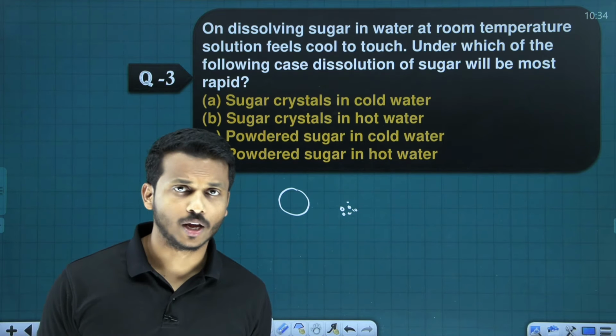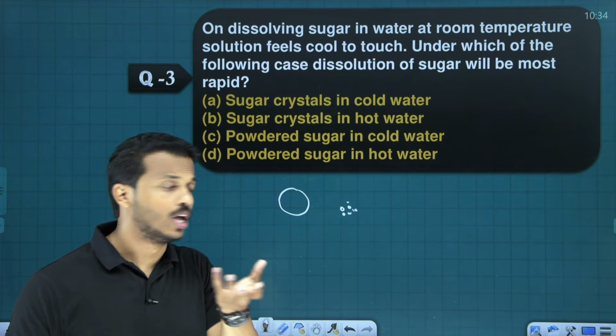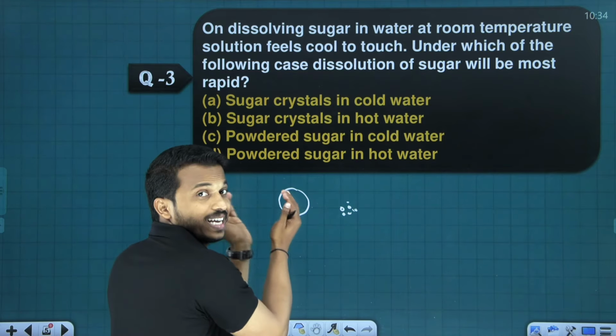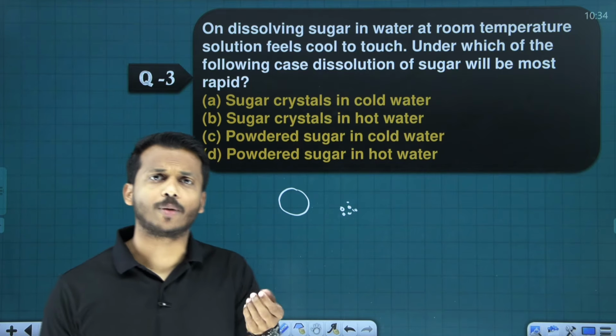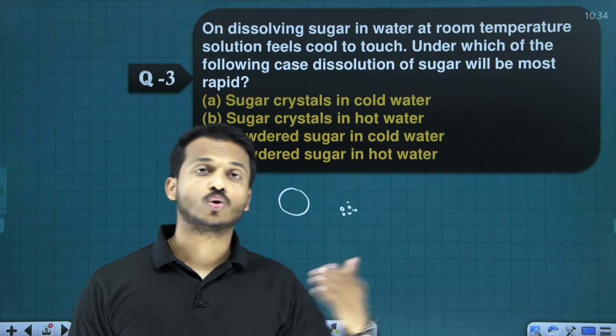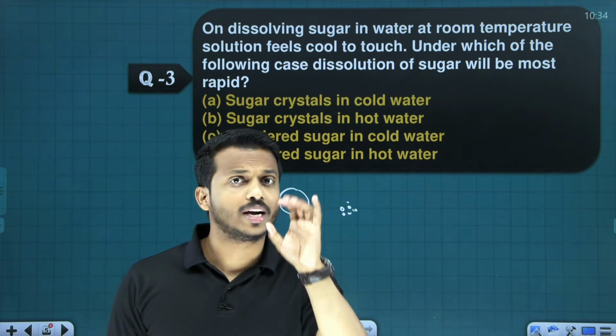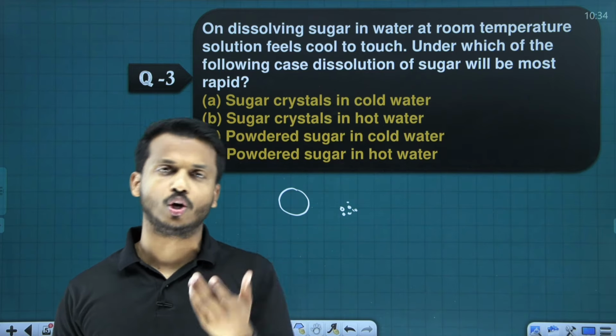Sugar powder, right? Because a big crystal will take a long time to dissolve. When you make the big crystal into small pieces, what happens in the small powder? Surface area increases, so dissolution increases. So first, powdered sugar.